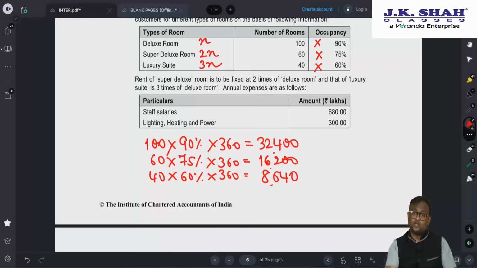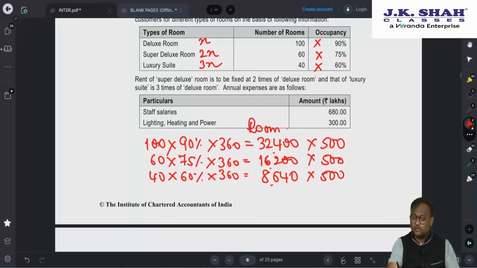So, 90 rooms are occupied for all 360 days, 45 rooms are occupied for all 360 days, 24 rooms are occupied for all 360 days, and for each day 500 will be paid to the attendant. So, this will give you a separate answer. Room days, you can always prepare as a separate working note.